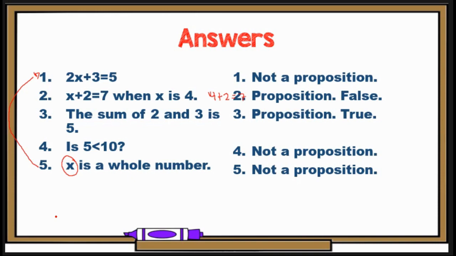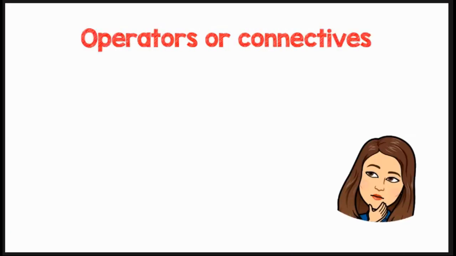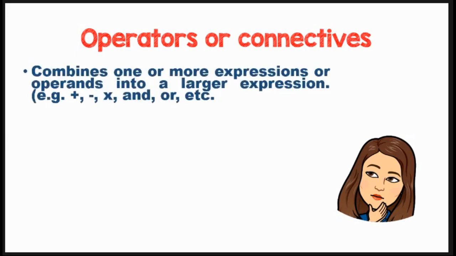I hope that was clear because this time we are going to move forward with operators or connectives. So what are operators or connectives? Operators or connectives combine one or more expressions or operands into a larger expression. Na-discuss na natin before yung mga expressions, di ba?